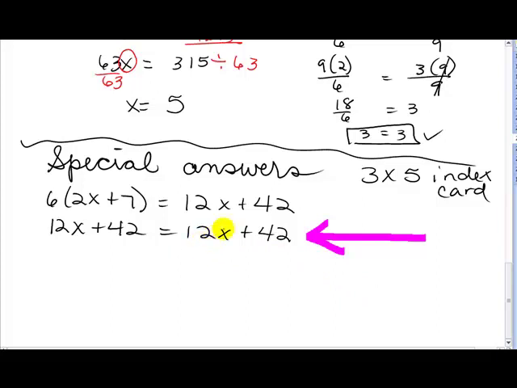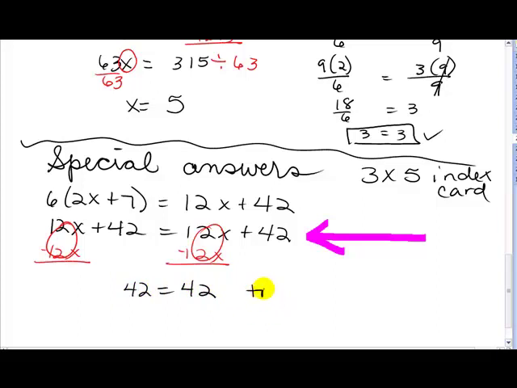But let's see what happens when I finish it out. Let's move this 12x to the left. That becomes 0. And so does this. So I'm left with no x's. If I move the 42, all I've got left now is 42 equals 42.